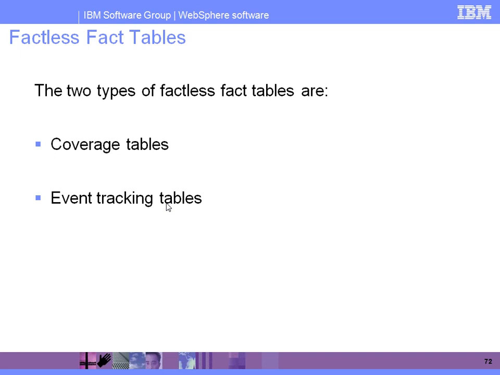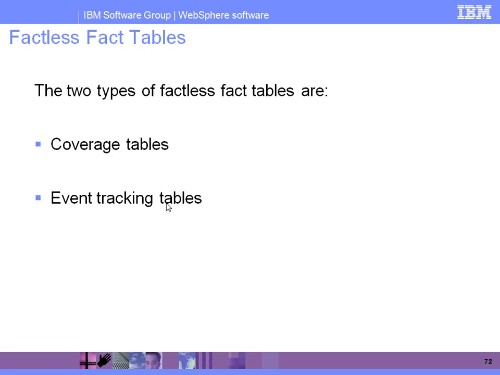What is the use of this factless fact table? A factless fact table is a table we maintain in our warehouse where no facts are present. We only maintain foreign keys. If we have only foreign keys, would it be useful for any calculations? Because if there are numerical measures in a fact table, then we can do calculations, right? But we don't have any numerical measures in this particular fact table.